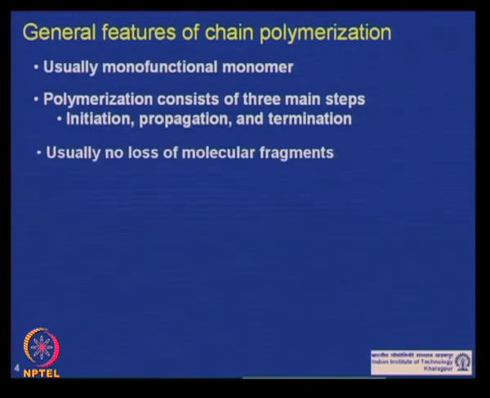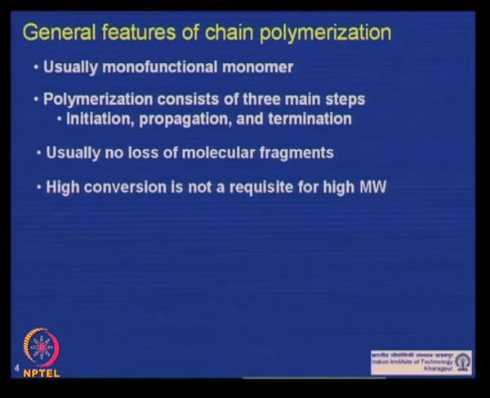We will come back to the general features of chain polymerization. By this time we know that we can build linear polymers in chain polymerization from a monofunctional group. Chain polymerization usually consists of three main steps: initiation, propagation and termination. Usually there is no loss of molecular fragments, unlike in step polymerization, where small molecular condensates were coming out during the polymerization process.